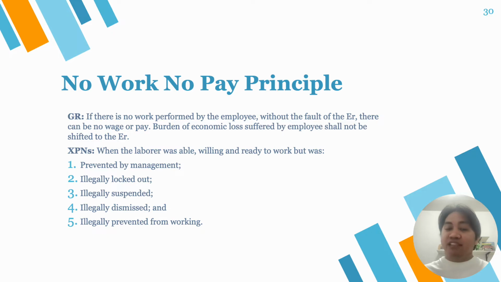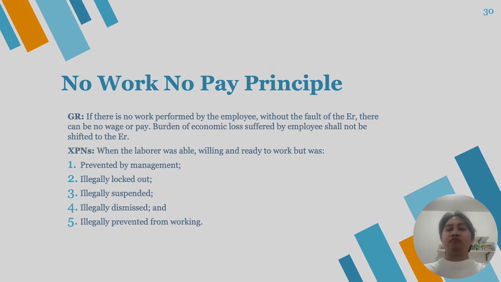In this particular case, if the employee was found to be illegally dismissed, notice that the employer has to pay back wages, because the days that the employee was supposed to be absent and not working will then be considered paid, because the worker was willing and ready to work but was prevented because of that illegal dismissal. So the no work, no pay principle does not apply in this particular situation.